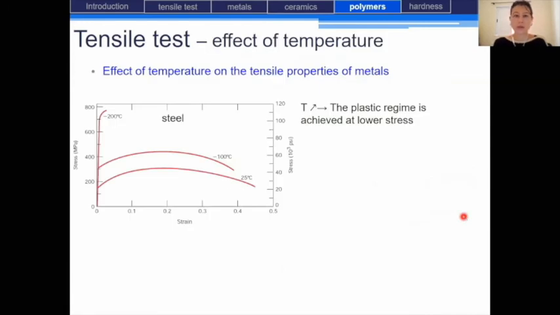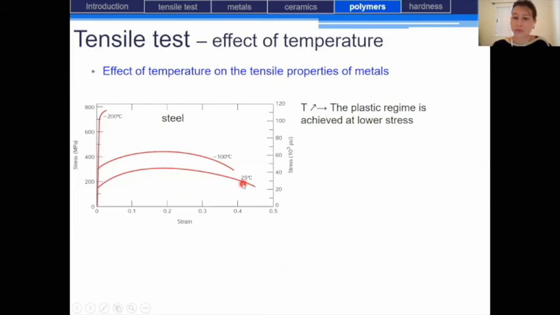So let's now comment briefly on the influence of other parameters, for example, the effect of temperature on the tensile properties of metals. Here is the example of steel. Depending on the temperature at which the test was performed, the behavior of this metal changes dramatically.